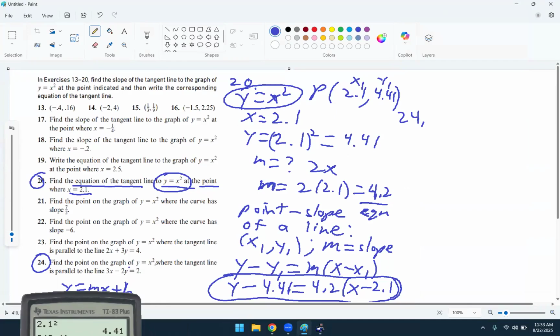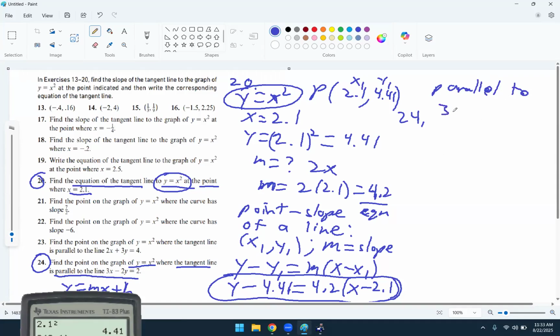Find the point on the graph of this parabola, y equals x squared, where the tangent line is parallel to the line 3x minus 2y equals 2. Sorry for my handwriting.